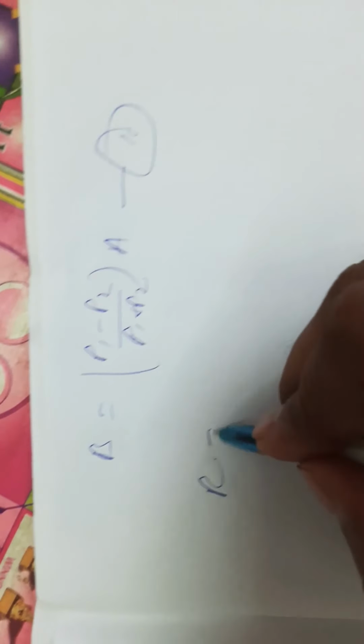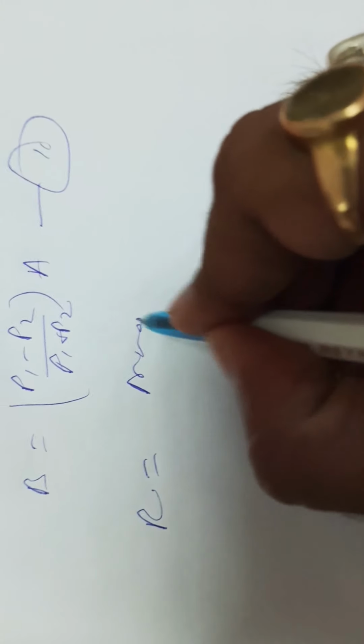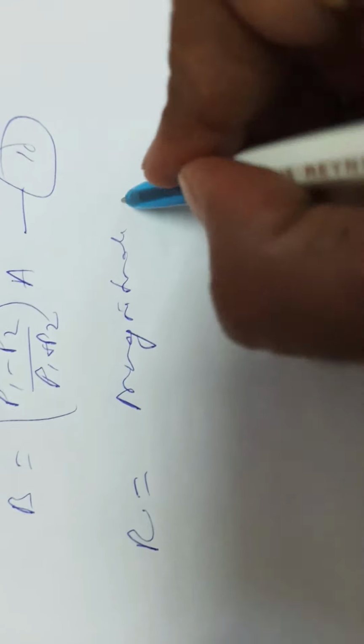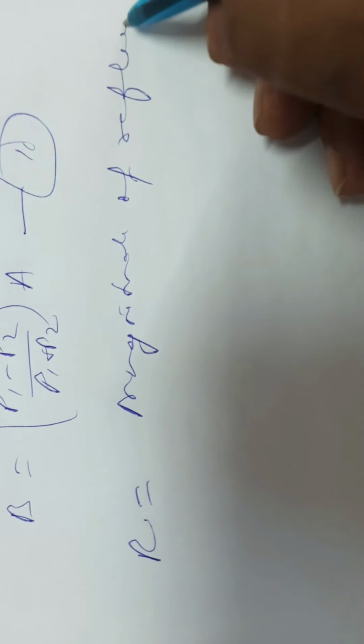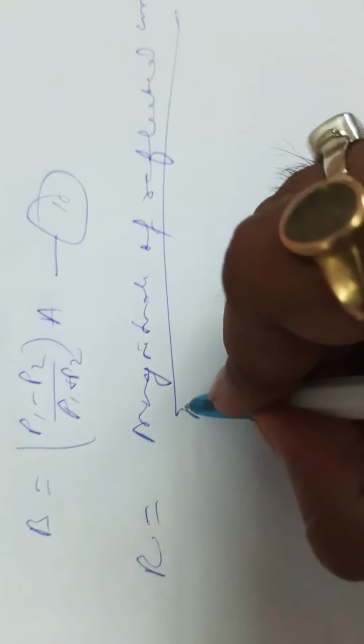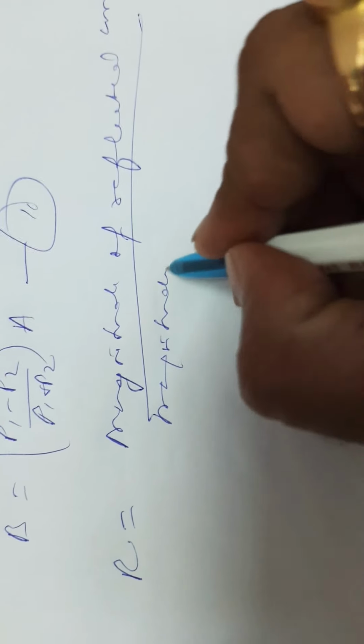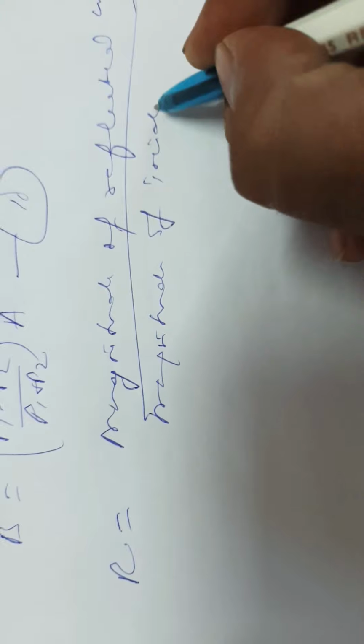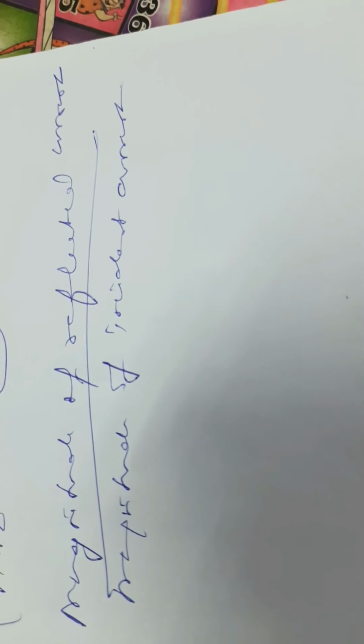Now using equations 10 and 11, we can define the reflection coefficient or reflectivity. The reflection coefficient R is the magnitude of reflected current by the magnitude of incident current. So this is R, the reflectivity or reflectance of the electron.